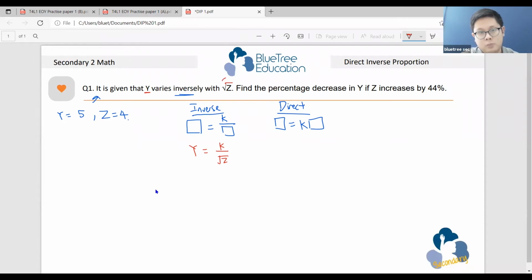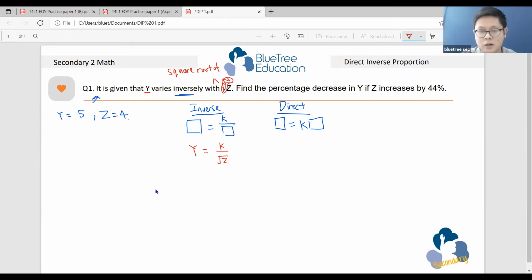Now, sometimes they might not put a symbol, and they might actually put it in words. What I mean by that is they might put a few extra words before z and say that this varies inversely with square root of z, right? And then several students, maybe they will read this word, but they tend not to be able to put it into the equation.